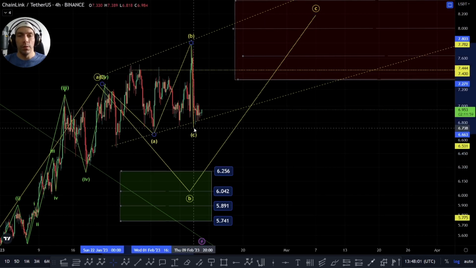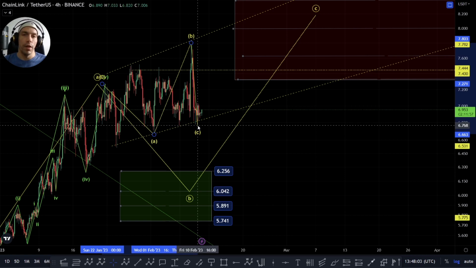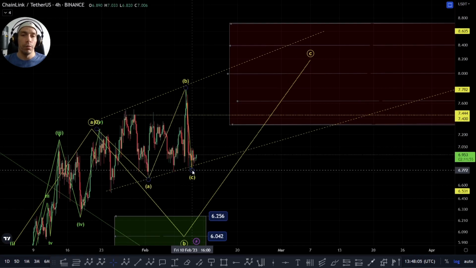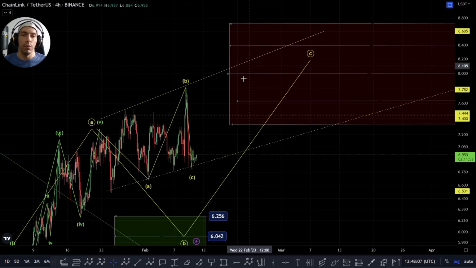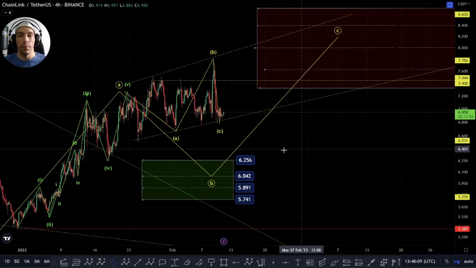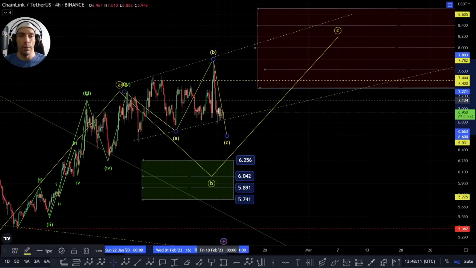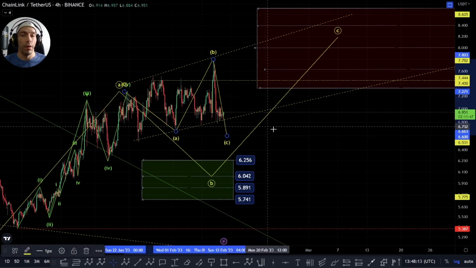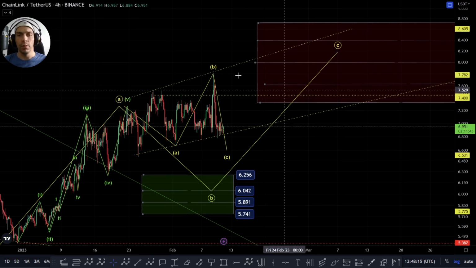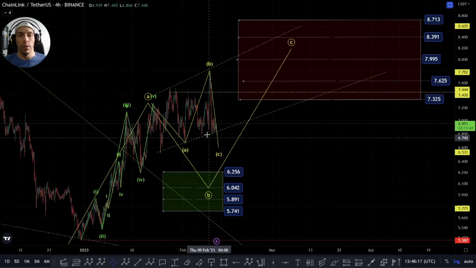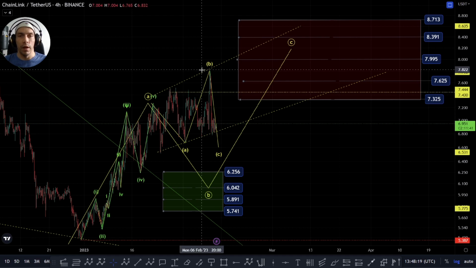It is possible this could truncate and we could have a running flat here, in which case what we'd be looking for is the next move to happen from the completion of this five-wave move that seems to be playing out here. Basically, what I want to see is whether we come back and take this high at this area of this 7.82.